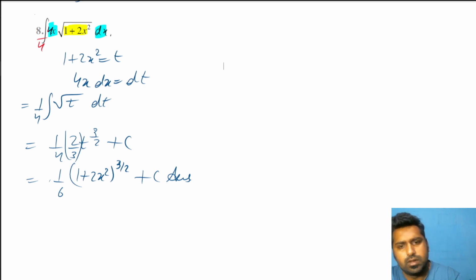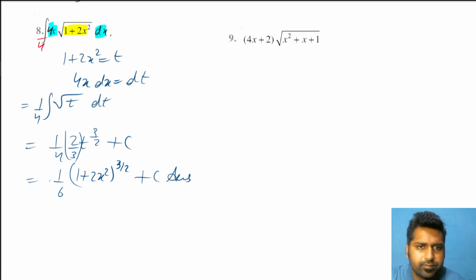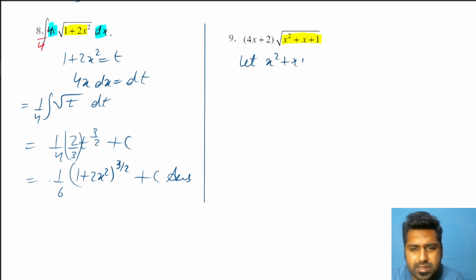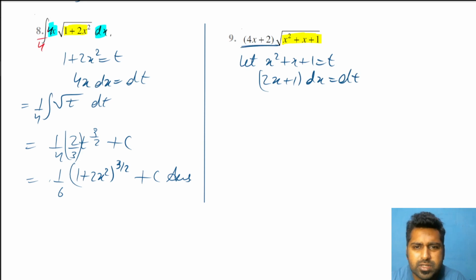Okay, let's look at this one. Again, same thing. Which is the weird one inside the square root? Okay, so let x square plus x plus 1 be t. So differentiation of this is (2x plus 1) dx equals dt, but we don't have 2x plus 1.